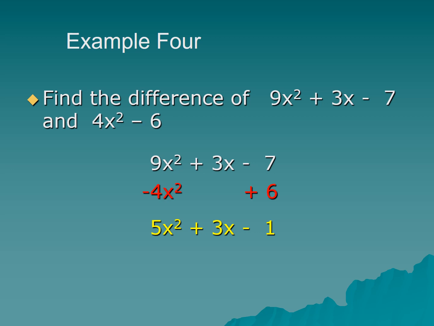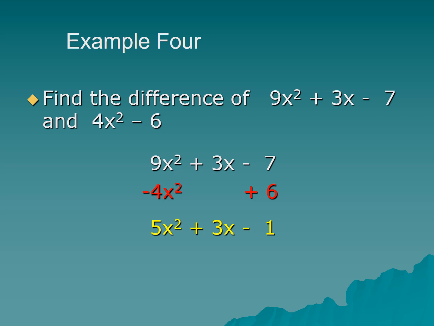Example 4. The difference between 9x squared plus 3x minus 7 and 4x squared minus 6. So again, you're going to change the signs of everything being subtracted. So I changed the sign of the positive 4x squared to negative 4x squared, and the sign of the -6 to positive 6.